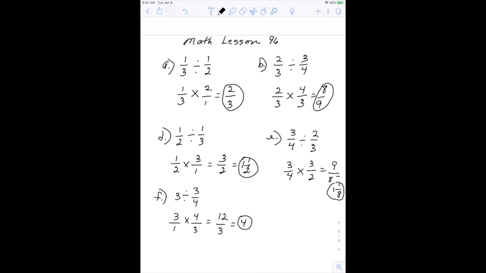Do these with me now, so you're not just copying me, but understanding what I do. All right, let's do G together. 2 divided by 1/3. Okay, 2 divided by 1/3. Leave it. 2 over 1 is the same as leaving it because a whole number always has a 1 under it.